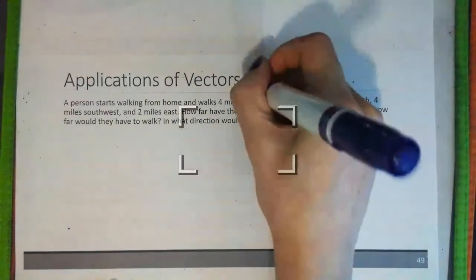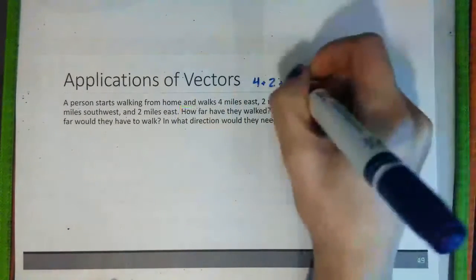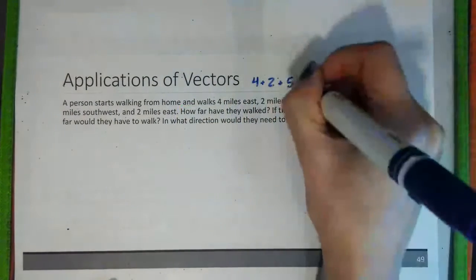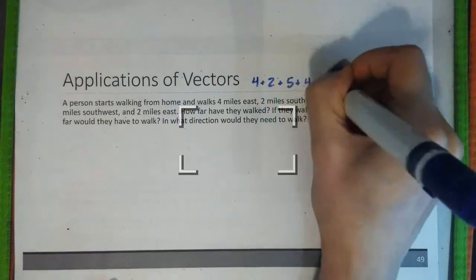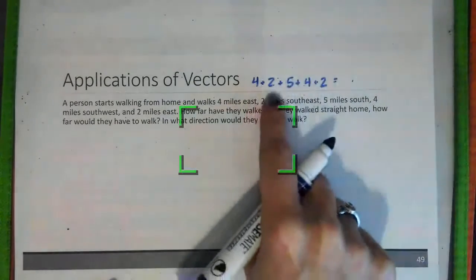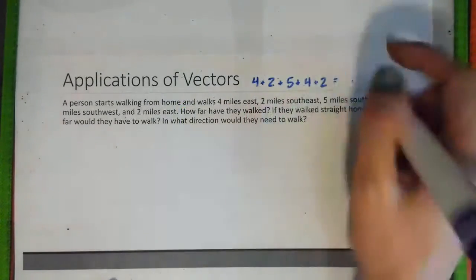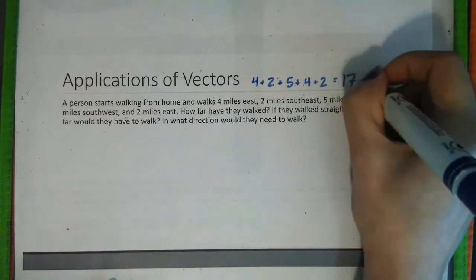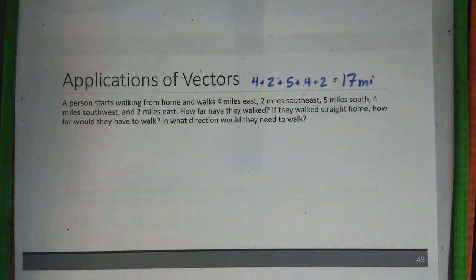Well, first they walked 4 miles, and then 2 miles, 5 miles, 4 miles, and 2 miles: 4, 5, 6, 11, 15, 17. So they've walked a total of 17 miles.